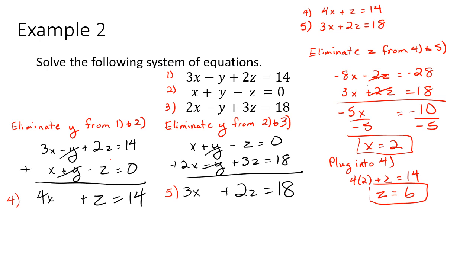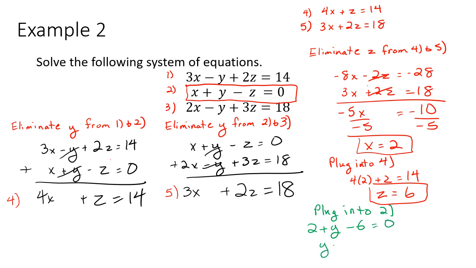So now that we've got x and z, we can plug that back into any of the original equations to figure out y. And just by looking at these, I think the middle equation is probably going to be the easiest in terms of the math. So now we plug this into equation 2. So we've got x, which is 2, plus y, which is the one we don't know because we eliminated that one first, minus z, which is 6, is equal to 0.